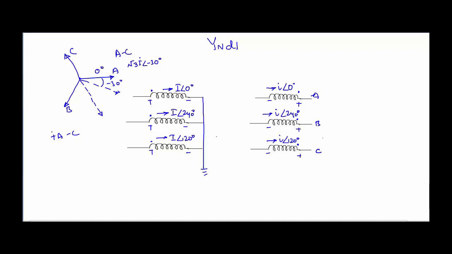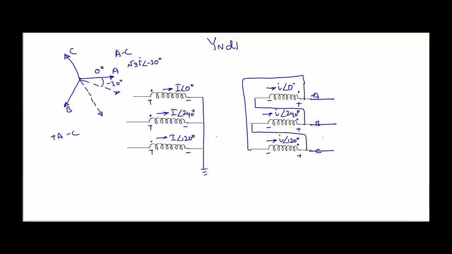What we are going to do is connect positive of A with negative of C. This is positive of A, so we take a point from this and connect it to negative of C. This is negative of C. Similarly we have to connect negative of A with positive of B. So it is going to be something like this, and then something like this. So the resultant connection is equivalent to Yd11, or we can just cross check it like this.